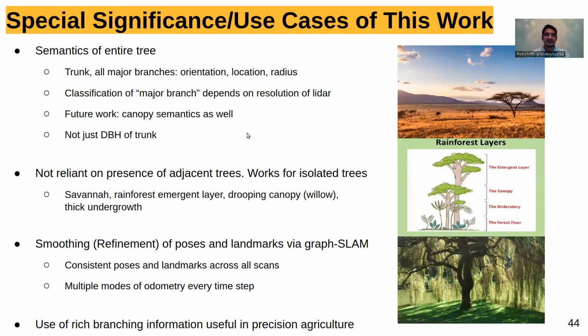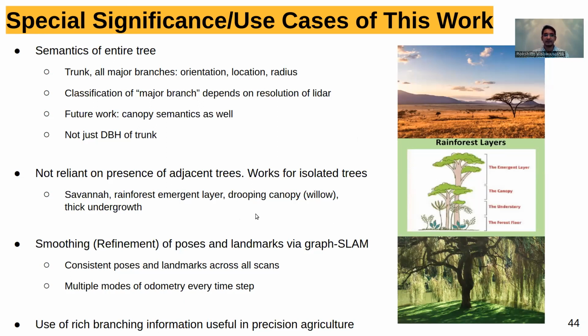A couple of special significances or use cases of this work is that compared to prior work, we get semantics or information from the entire tree, not just the trunk and not just the DBH, but also information from branches that come out of the trunk and tertiary and 4th degree branches as well.